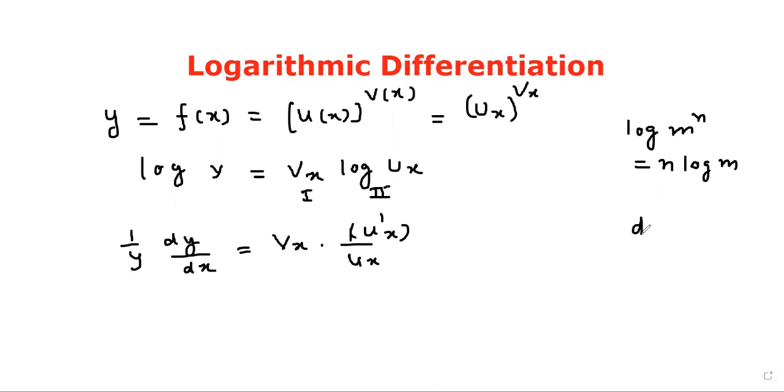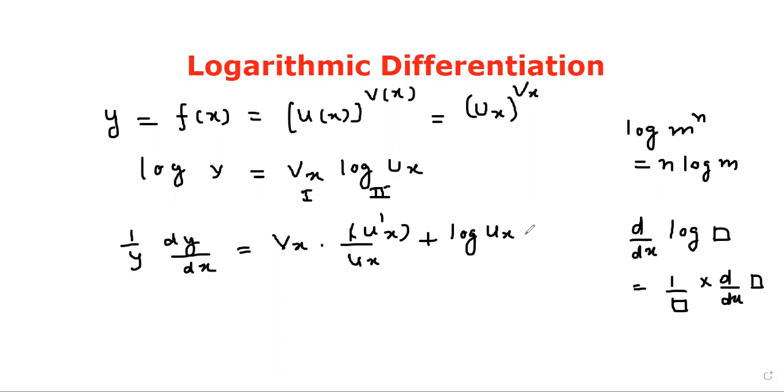Remember, I told you the rule, d upon dx of log block becomes 1 upon block times d upon dx of block. Same rule. Plus log u(x) into d upon dx of v(x). Let's write it as v dash x.